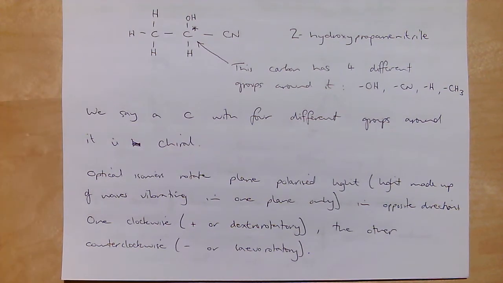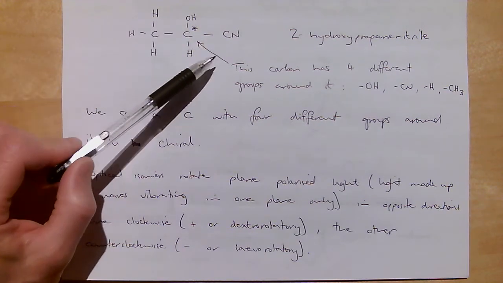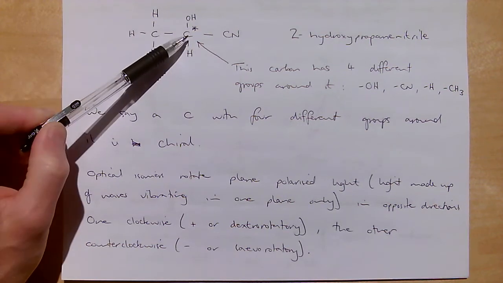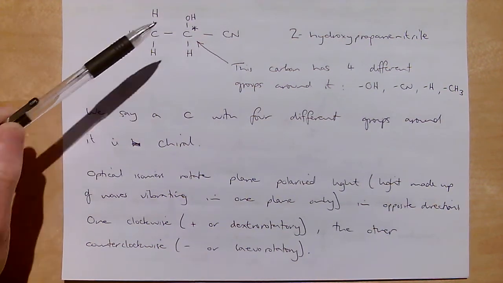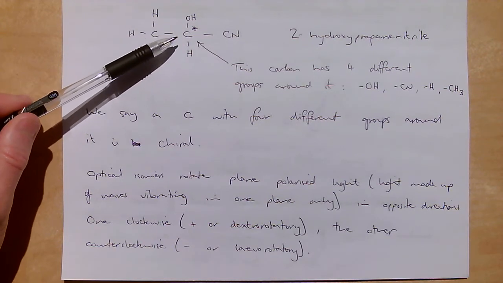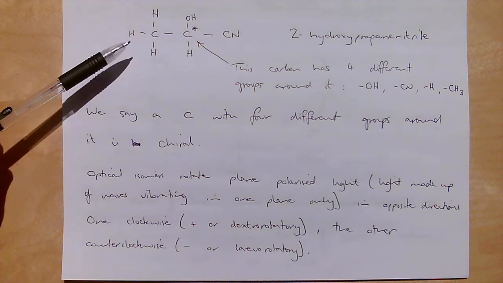As you can see in this molecule, this carbon has an OH group there, a CN group there, an H there, and a CH3 group here. So that carbon has 4 different groups around it, and we say that carbon is chiral, and that would form optically active isomers.